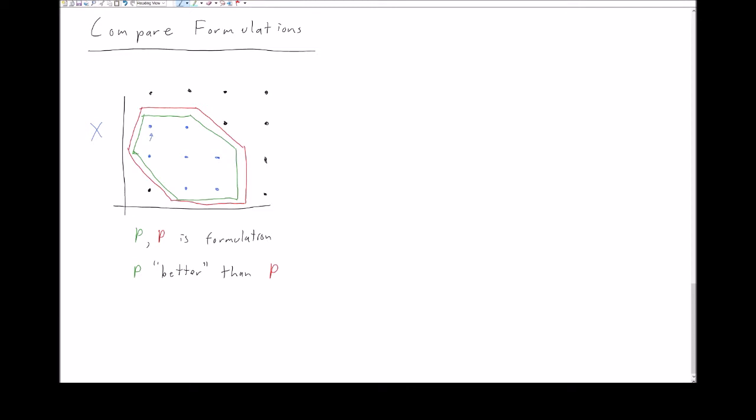We can formalize this idea, and we're going to continuously use this idea throughout the course. If we have P1 and P2, and they're both formulations, we can compare them. Specifically, if P1 is a strict subset of P2, then P1 is in some sense a better formulation. This is one way that we're going to compare formulations.